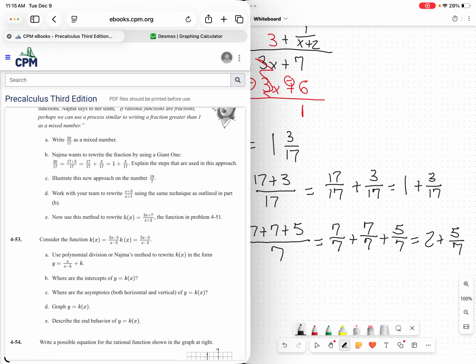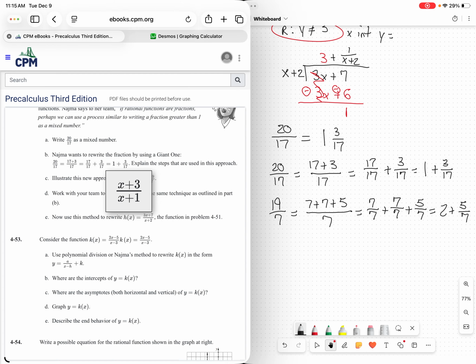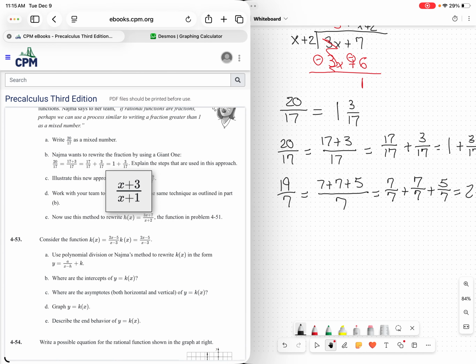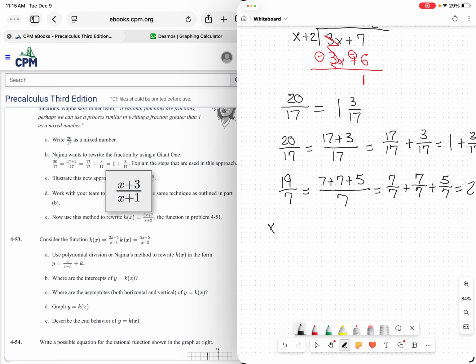Okay, so now can we do that with rationals? Well, sure, it's the same process, right? So x plus 3 over x plus 1. Again, our denominator stays the same the whole time, so this is x plus 1. Well, what do we need? We need an x plus 1, and then we'll have a plus 2 hanging out.